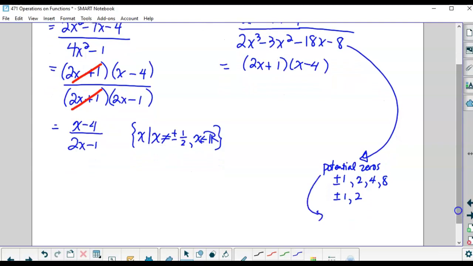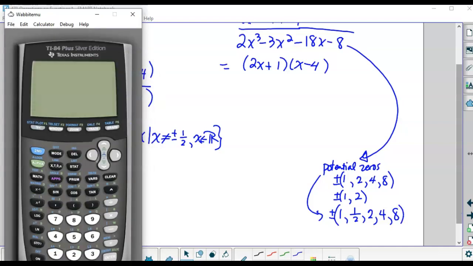So potential zeros, plus or minus 1, 1/2, 2, 1, 4, 2, 8, 4. You can put the plus or minus around the whole thing if you want. But you guys get to use your calculator, unlike when I was your age.